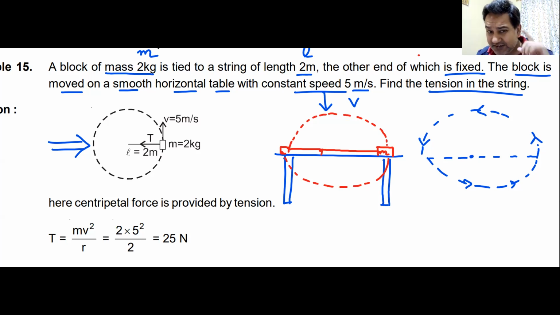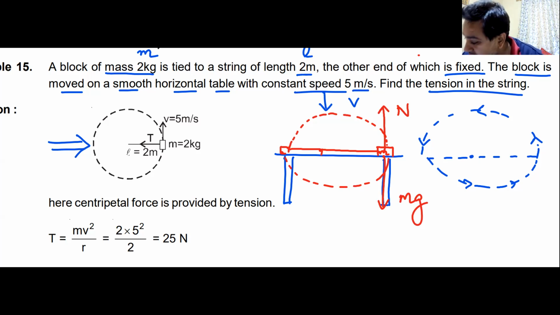Because once I understand it in this way, I understand that the weight of this block is downwards, mg, like this, and the normal reaction is coming from the table, and it is like this, and the tension here is towards the center. This is the center O. The tension is like this, and this is how the motion is happening.